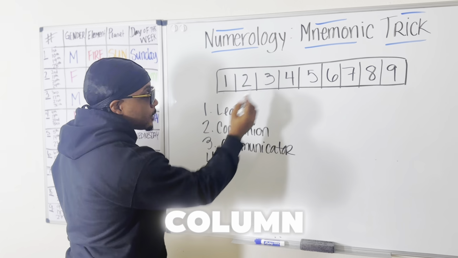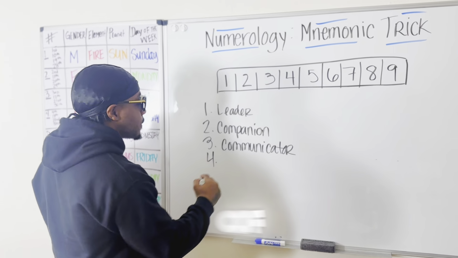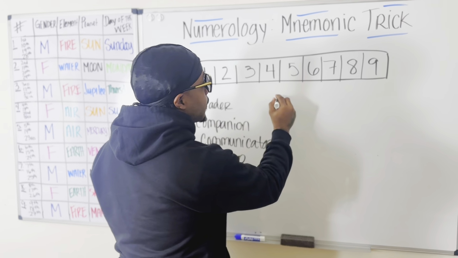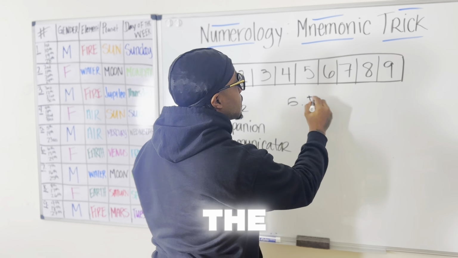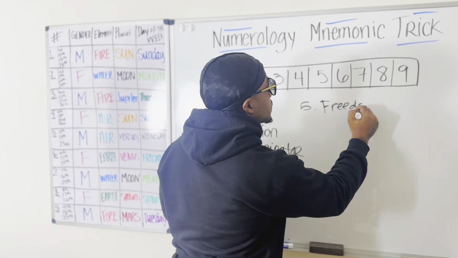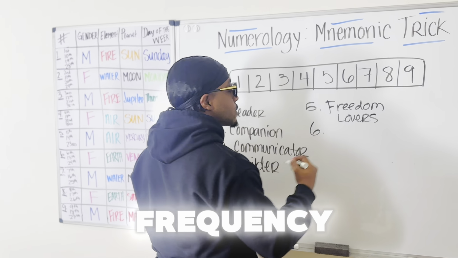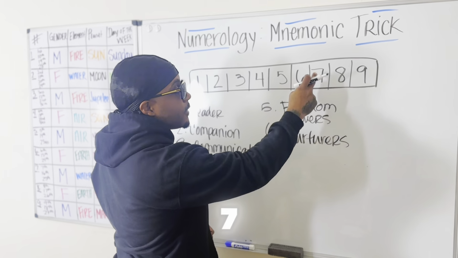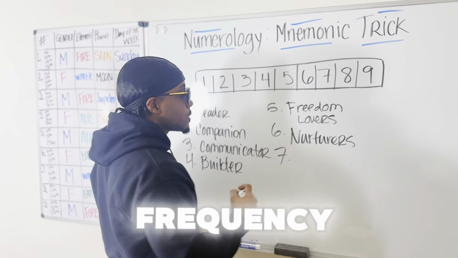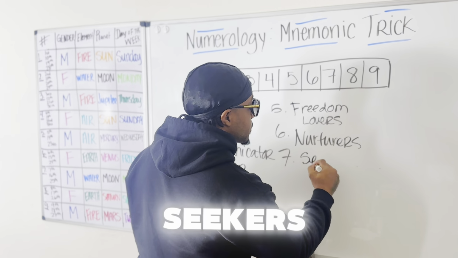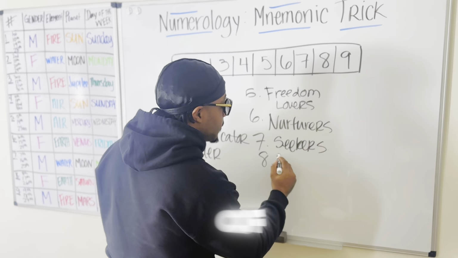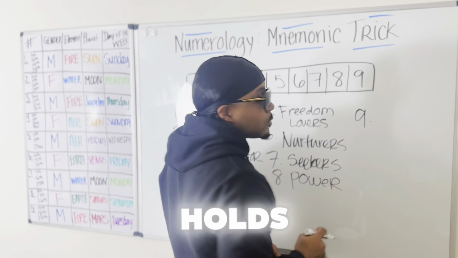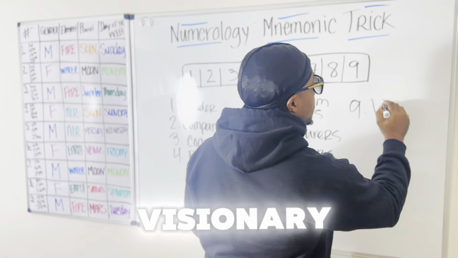The 4 column holds the frequency of the builder. 5 holds the frequency of the freedom lovers. 6 holds the frequency of the nurturers. 7 column holds the frequency of the seekers. 8 column holds the frequency of power. And 9 holds the frequency of the visionary.